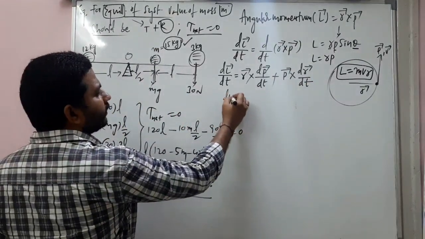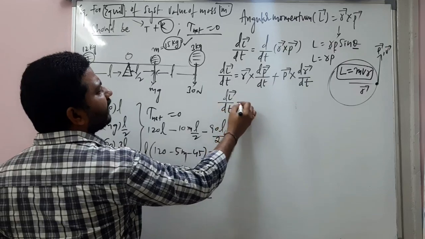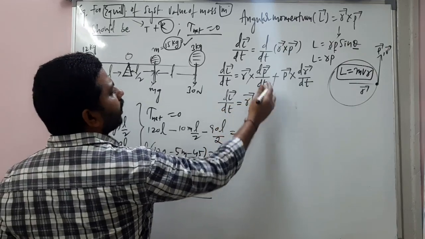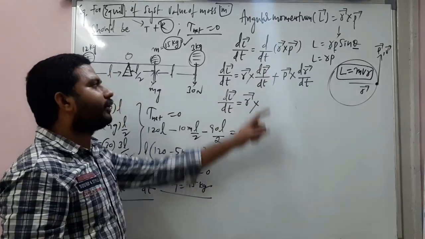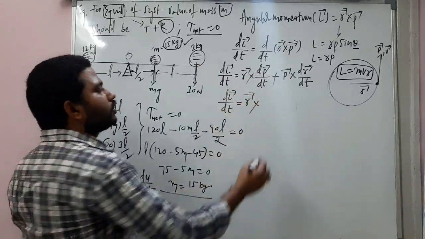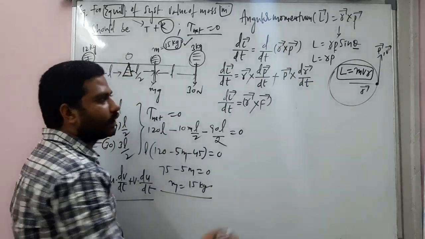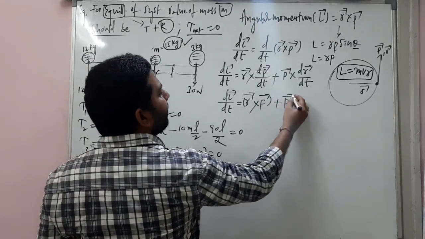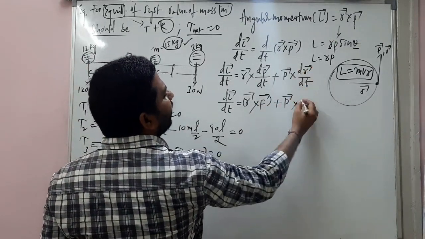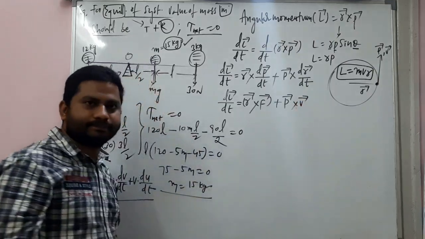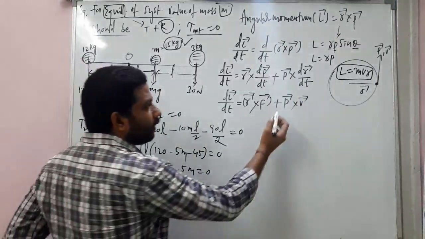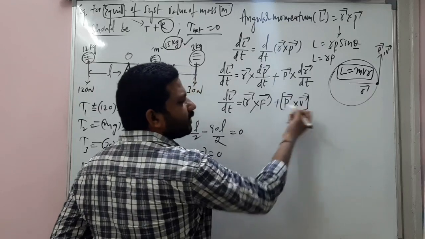Then dL bar by dt is equal to r bar cross dp bar by dt, rate of change of linear momentum, so that's called F bar, force, plus p bar cross dr bar by dt, that's velocity bar, p bar cross v bar.